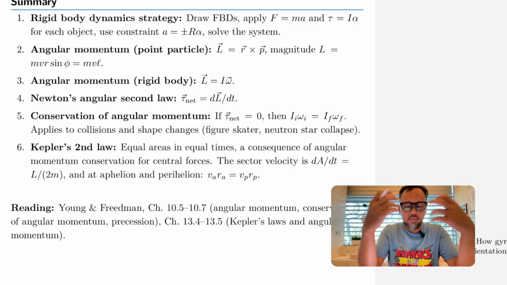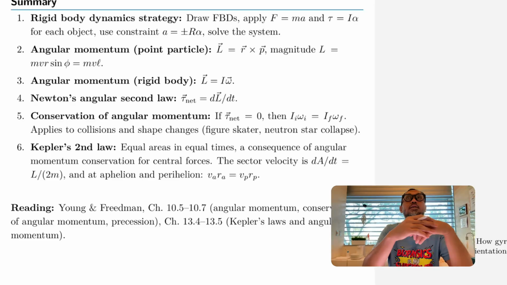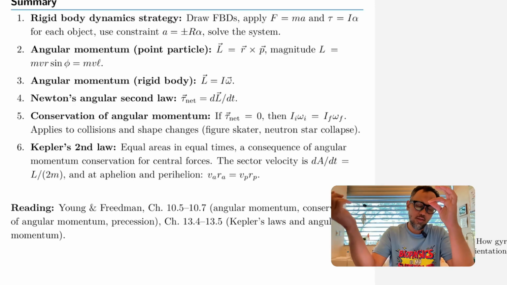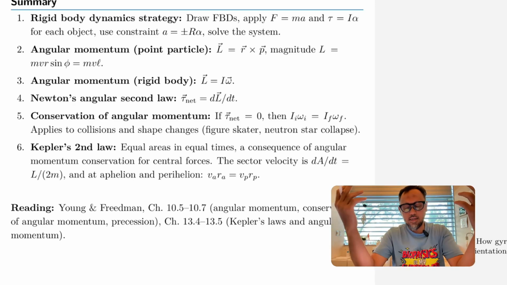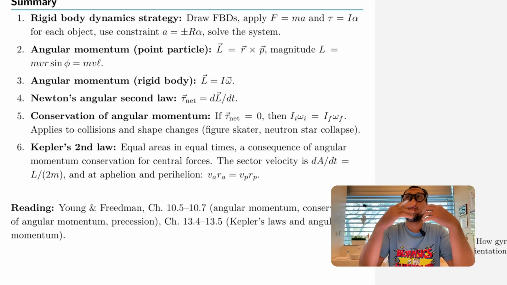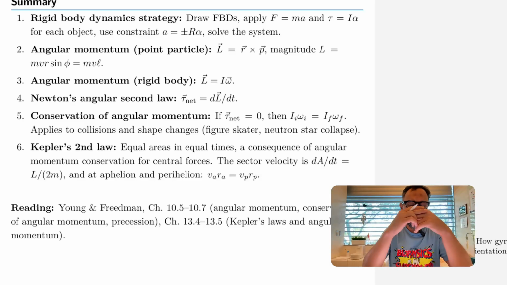For a system that doesn't have torque, like the revolution of our planet around the sun, the angular momentum is constant. But for a system with torque, like the gyroscope, the angular momentum is not constant. Okay.